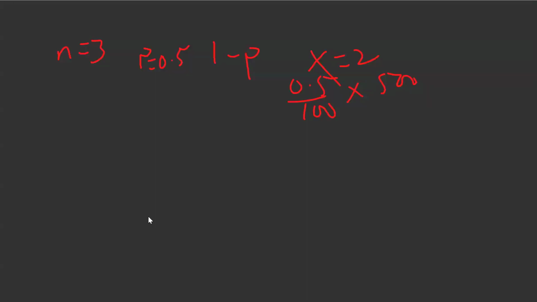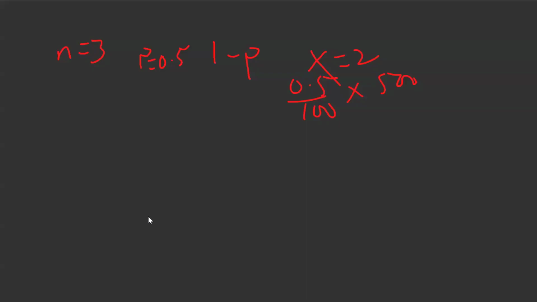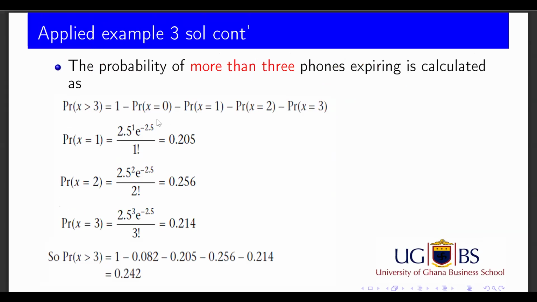What do you get? Okay, so we already know P of 0, which is 0.08. What's your final answer first? Okay. Because I'm showing the final result. I'm now adding them up. So you will have to now take the probability of 0, probability of 1.